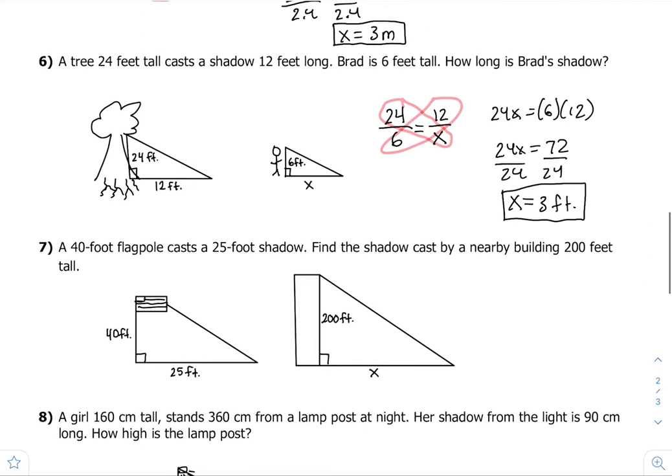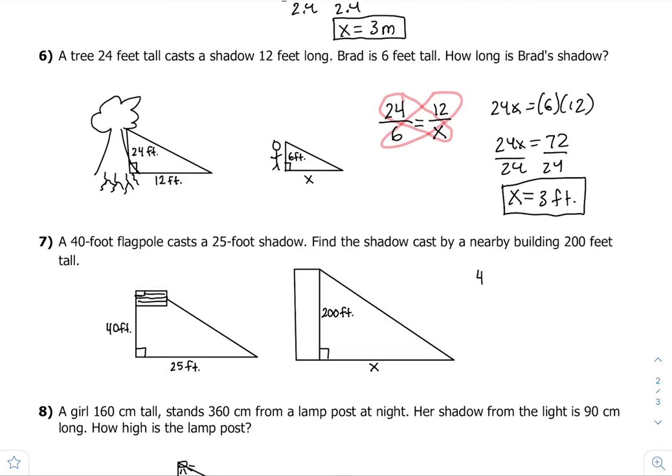Okay, number 7. I drew a flagpole 40 feet tall with a 25-foot shadow. There is a building which is 200 feet tall. We have to figure out the shadow of the building. So, height of the flagpole over the height of the building is equal to the shadow of the flagpole over the shadow of the building. Cross multiply.